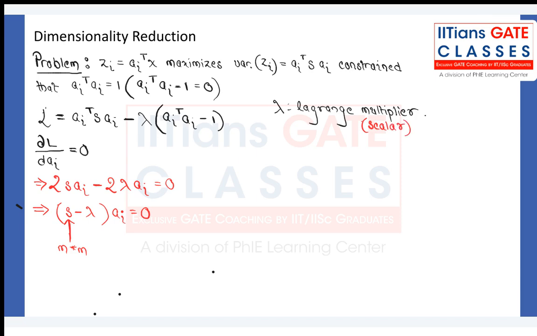How do I do the subtraction? We can introduce I, the identity matrix, which is M by M dimension, and now you will be able to subtract. And AI, you might know already by now, is an M by 1 vector.